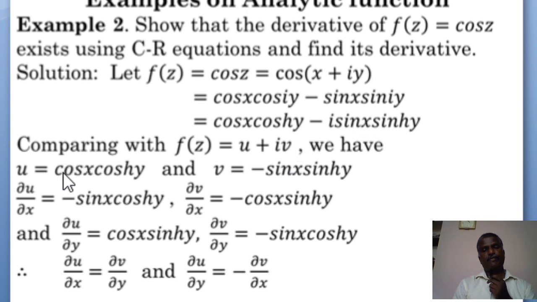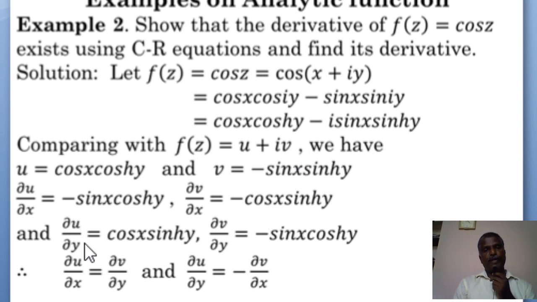So again, by differentiating partially with respect to x, we get dou u by dou x is equal to differentiation of cos x, minus sin x cos hyperbolic y, and dou v by dou x, differentiation of sin x, cos x sin hyperbolic y.